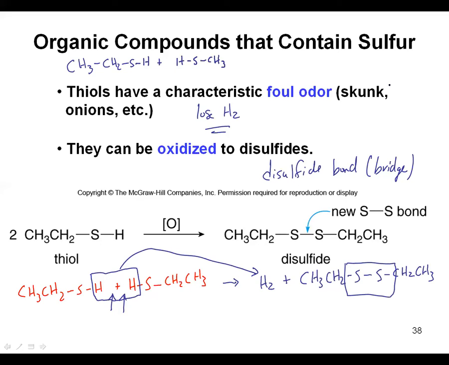Again, the same thing's going to happen. If we do an oxidation reaction, we're going to take an H from one, an H from another. That's going to give us H2.